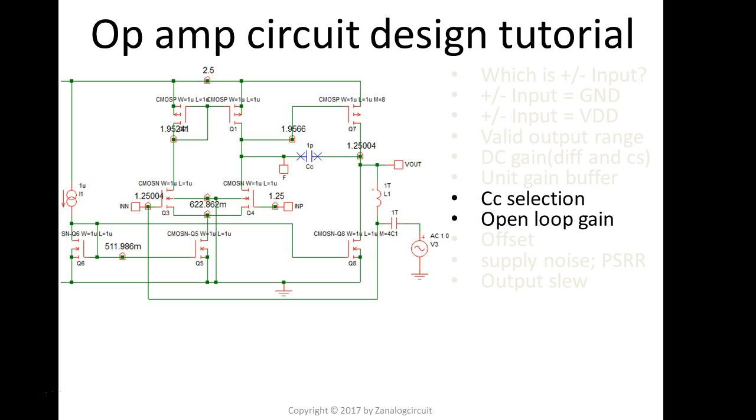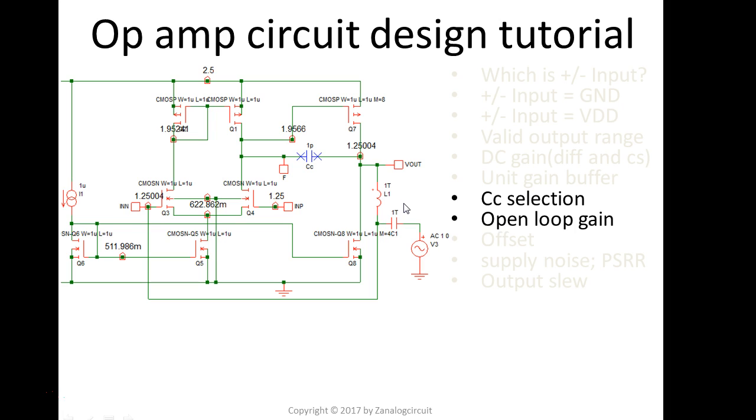But be careful: when you break the loop, you need to make sure about the impedances. In this example, we break the loop here. When you look in this direction, the input impedance is very high, which is great, and the output impedance is relatively low when compared with the high impedance here. That tells us this is a great point to break the loop.